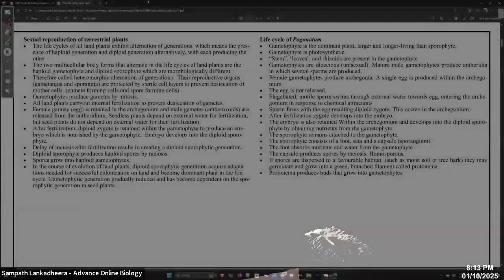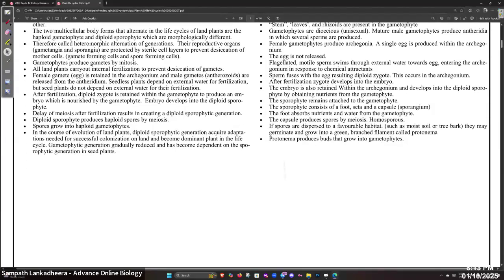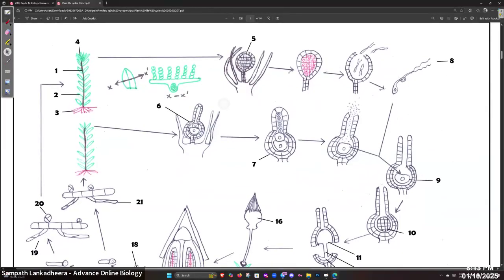In Pogonatum, you can see this in the Pogonatum life cycle. So let's come into the Pogonatum life cycle.